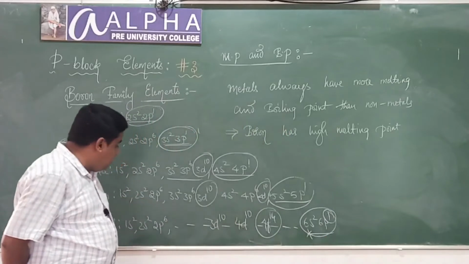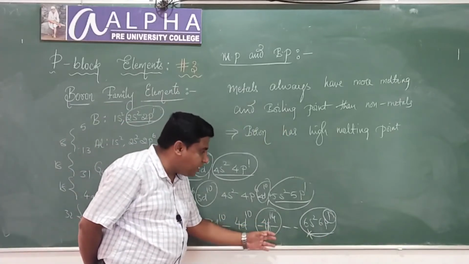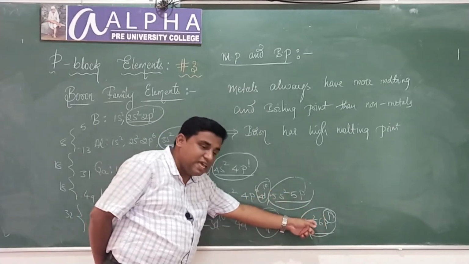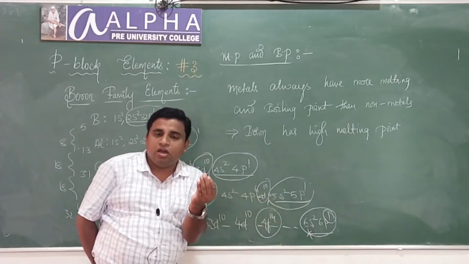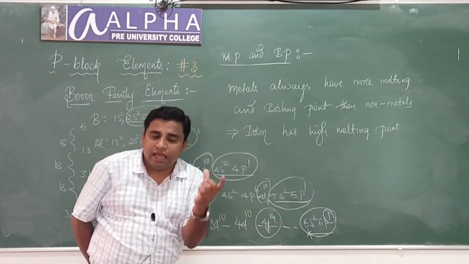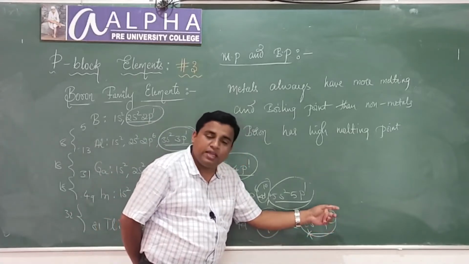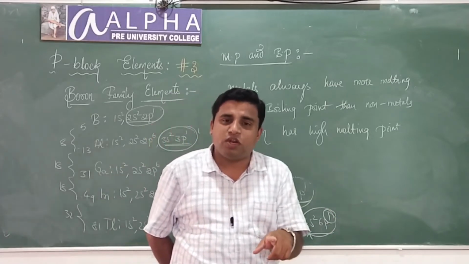Because of the inner completely filled d orbitals and f orbitals, the outer s electrons are tightly held to the nucleus. They cannot be removed easily. Hence, only the outermost p electron can be removed. Hence, thallium is stable only in +1 oxidation state.